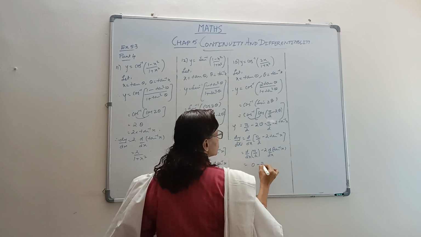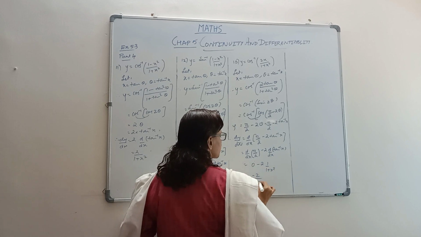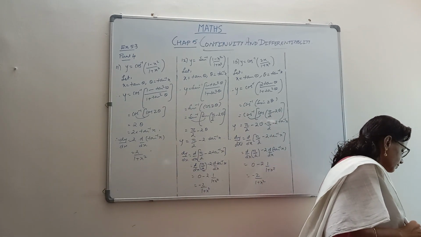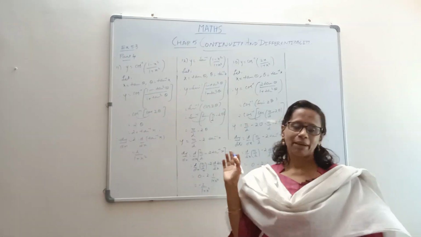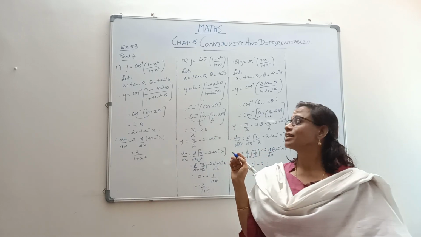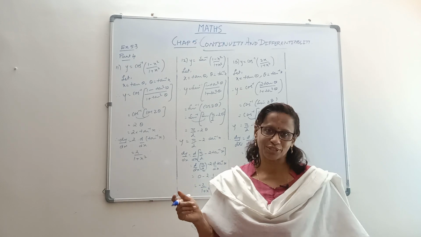Constant, so derivative is 0, and 2 times 1 by (1 plus x squared). Your answer is minus 2 by 1 plus x squared. Yeah, so that's what is happening over here. Intelligent substitution is going to give you the answer. There are some more problems left that we are coming with in the next video. Thank you.